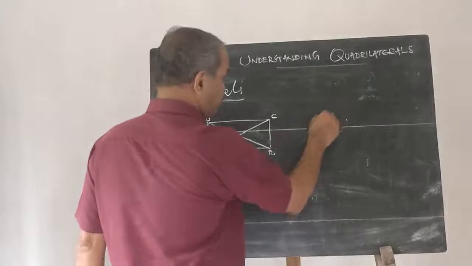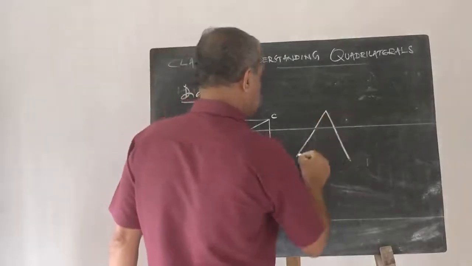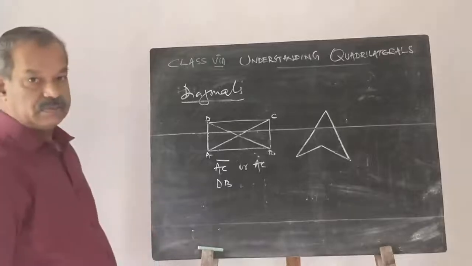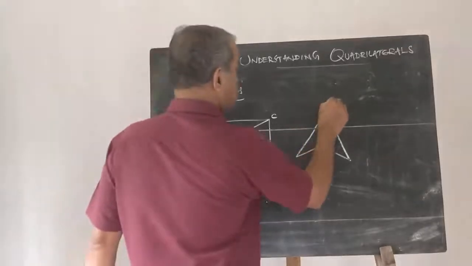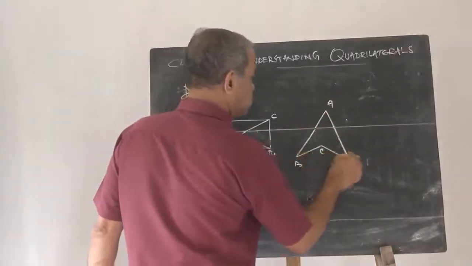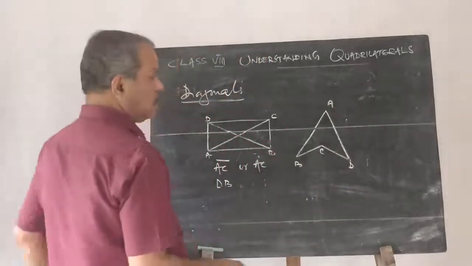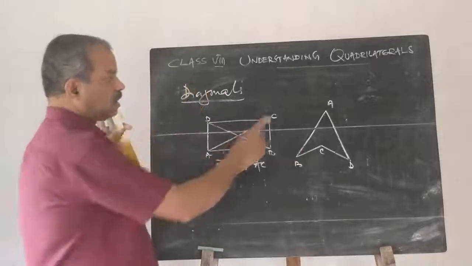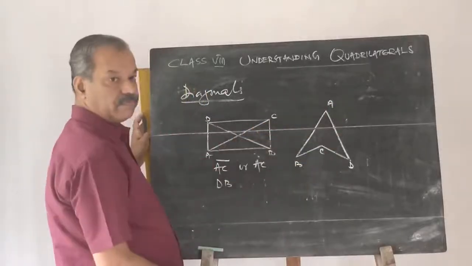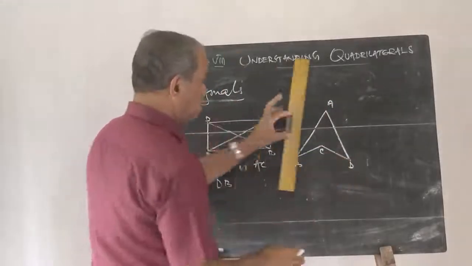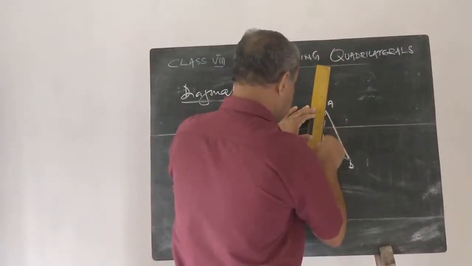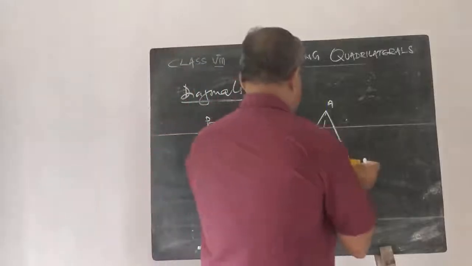Now see, this is also a simple closed figure, so it is also a polygon. A, B, C, D. Now, what are the non-consecutive vertices here? A and C, B and D. Let us join them with line segments. So AC is a diagonal.